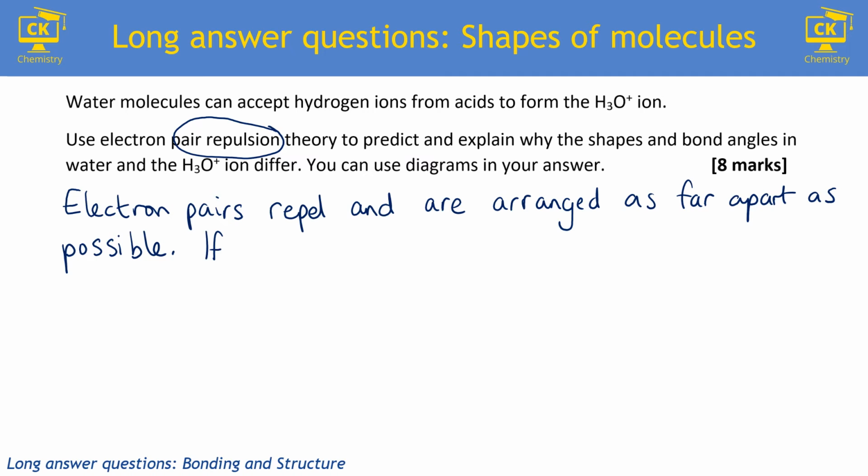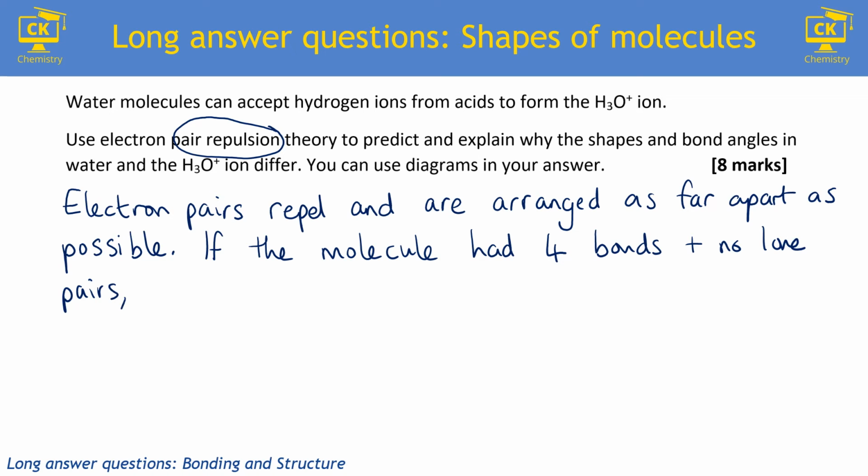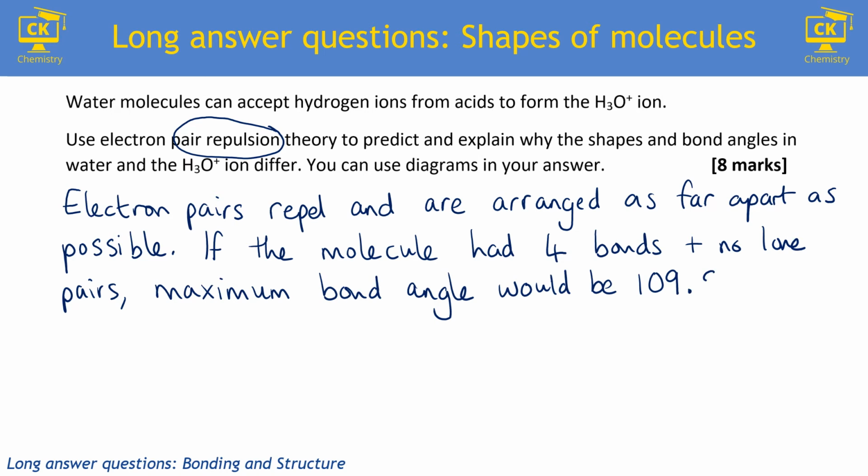So if the molecule had 4 bonds and no lone pairs, the maximum bond angle would be 109.5 degrees. Some examples just call that 109.